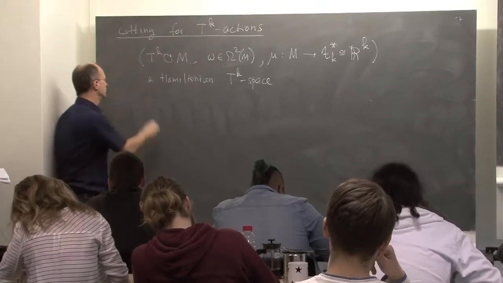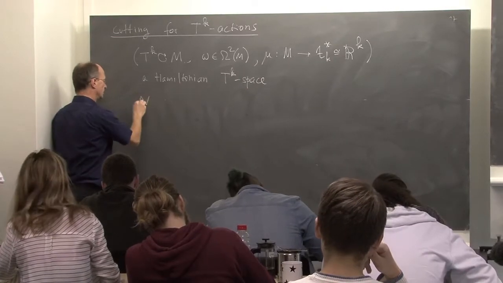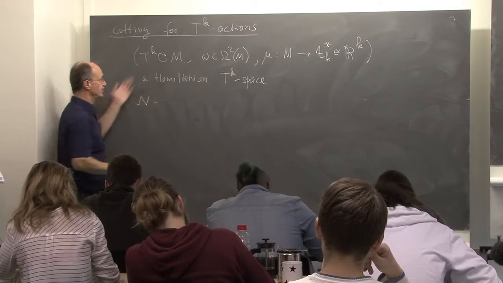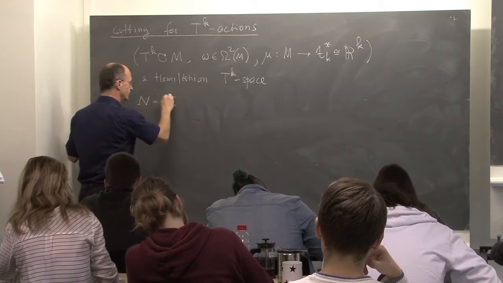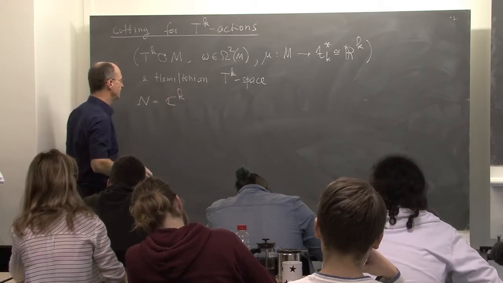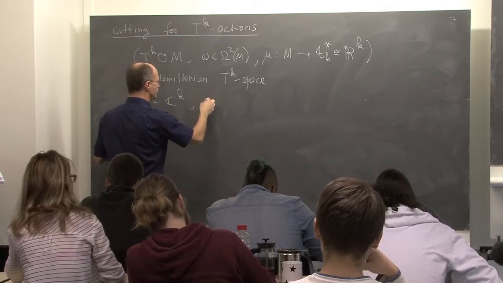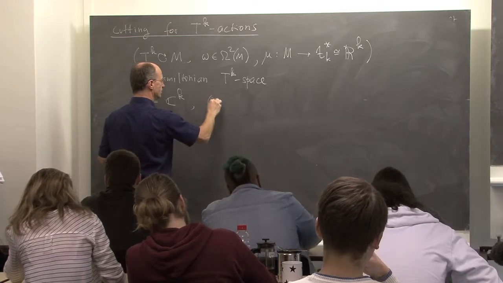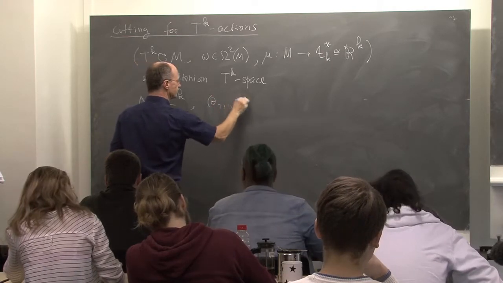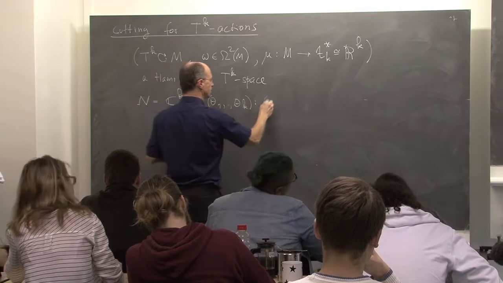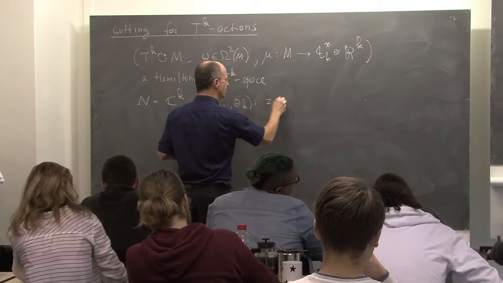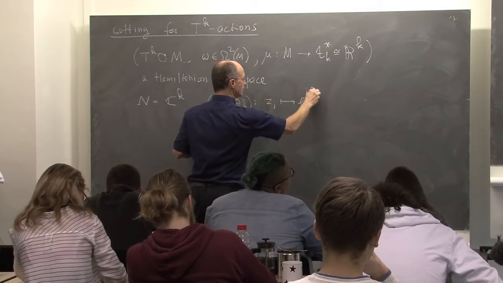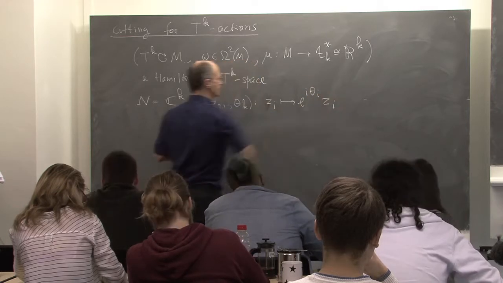So, well, let's again take some standard TK space. In this case, CK. So the action will be theta 1, theta k, mapping Zi to exponential I, theta I Zi.